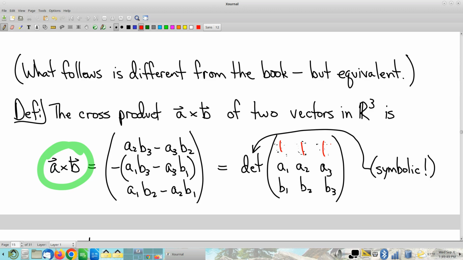But notice the determinant of an actual matrix is a scalar. And that makes for a totally different critter. Notice this cross product that I've defined here is a vector, right? And so this is kind of doomed from the start. There's no way that could work because it produces not only the wrong result, but the wrong kind of object.